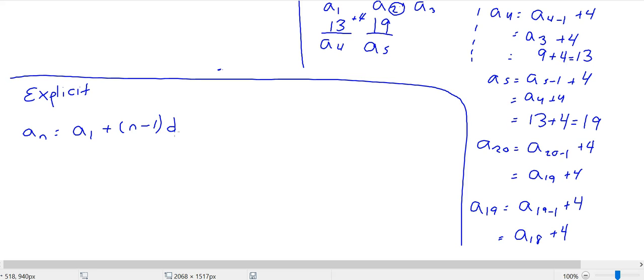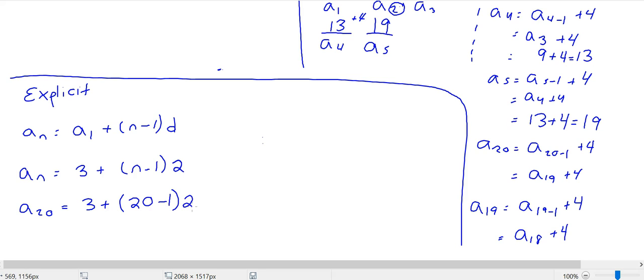So let's look at an example. Let's say we have a sub n is equal to 3 plus n minus 1 times 2. The first term is 3, and the common difference is 2. So the common difference is what we're adding between each term. Let's say we wanted to find a sub 20. Let's say we wanted to find the 20th term. We would do a sub 20 is equal to 3 plus 20 minus 1 times 2.